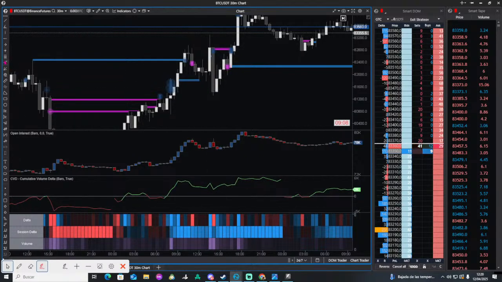So let me mark it for you guys. You have this type of divergence and this type of divergence. That's a div. And that's a bullish div, because higher price, lower CBD. So price tried to nuke into a bullish div.